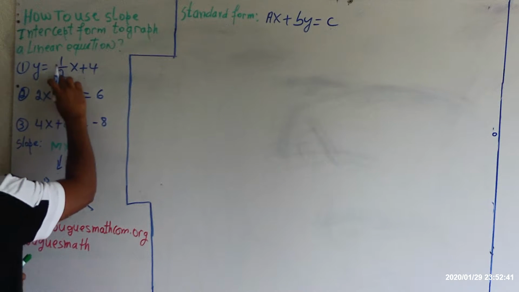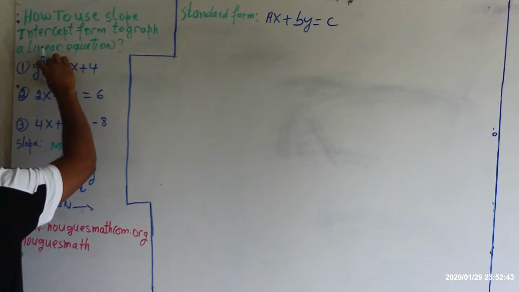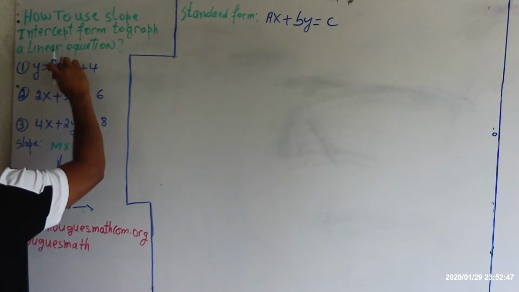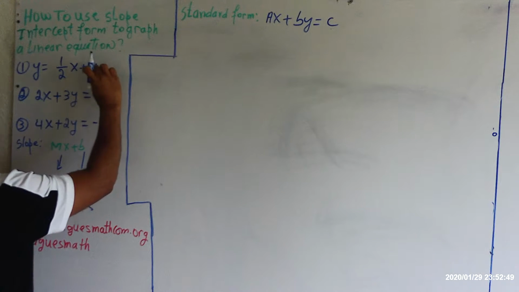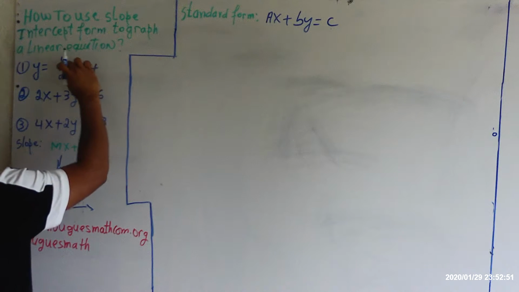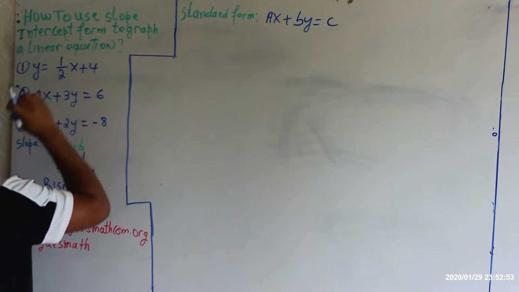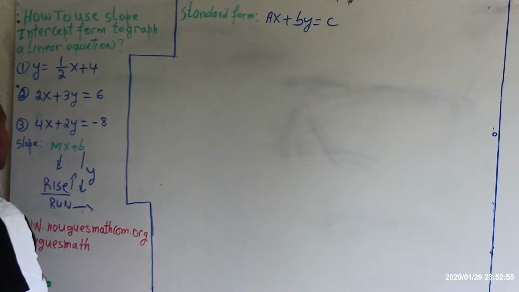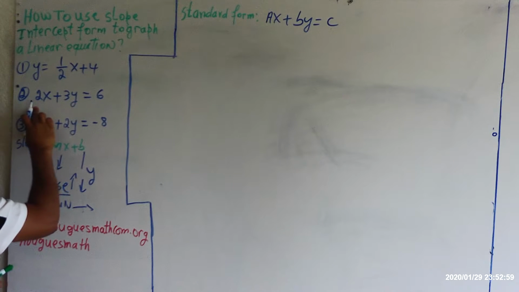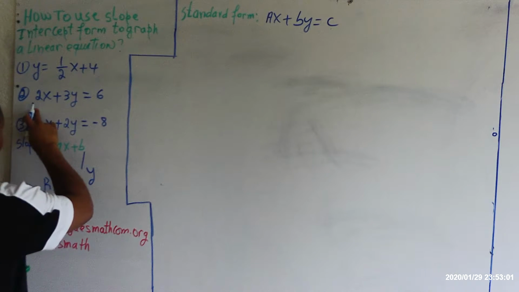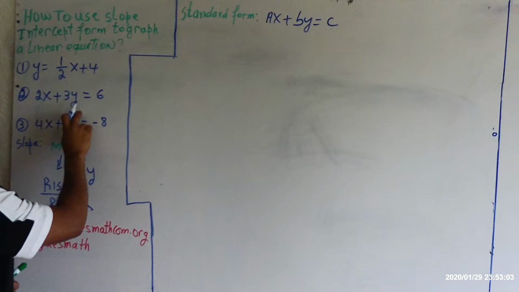For example, the first equation is in slope form. The slope form is mx plus b. 4 is the b, 1/2 x is mx. So this is the slope form. For example, you have the number 2 equation. This is not a slope form.